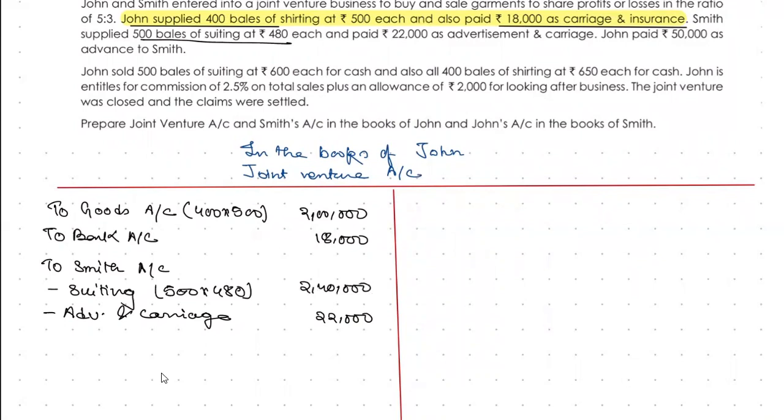2,40,000, correct. Now see, John has paid 50,000 as advance to Smith. Does this have any place in the joint venture account? Will this entry come in the joint venture account? No sir, it won't. Correct.